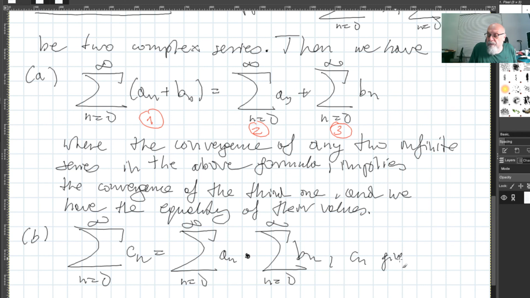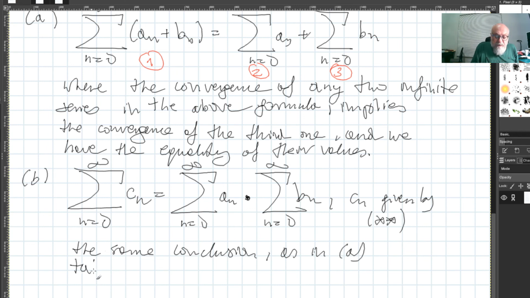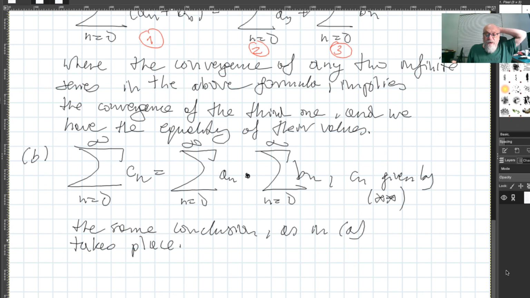Cn given by double star. Then the same conclusion as before takes place. This is called the product of infinite series. If two of these series converge, then the third one converges.